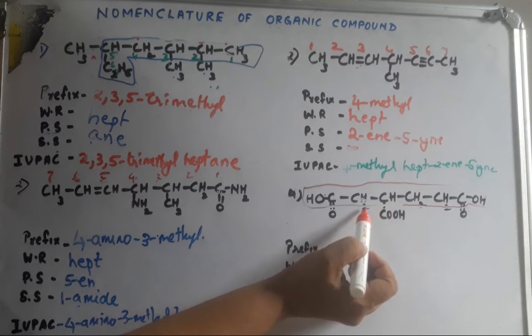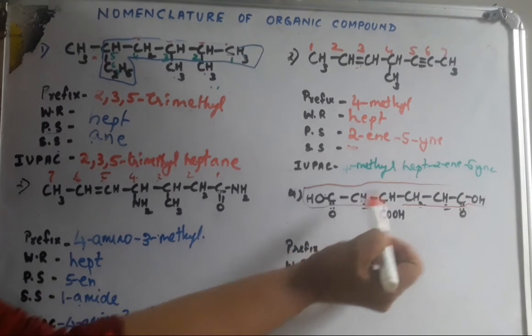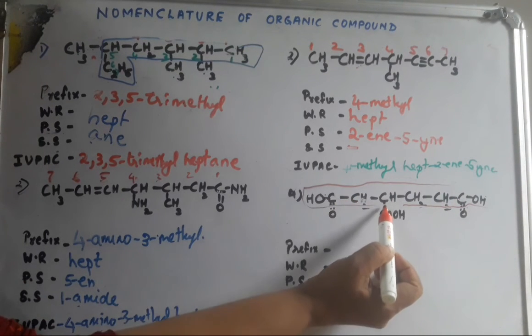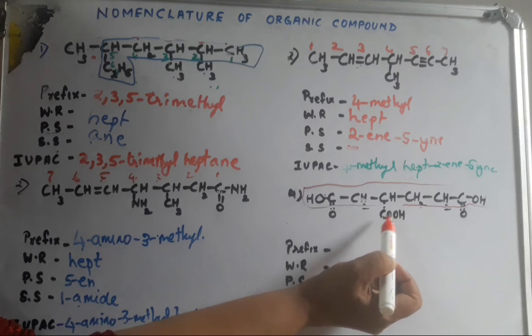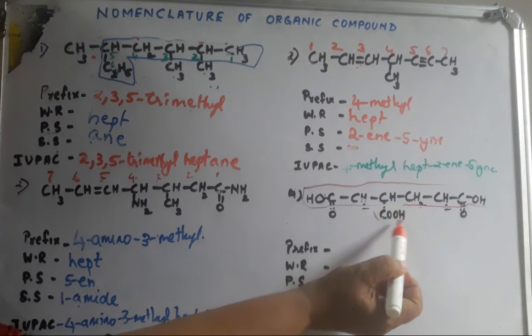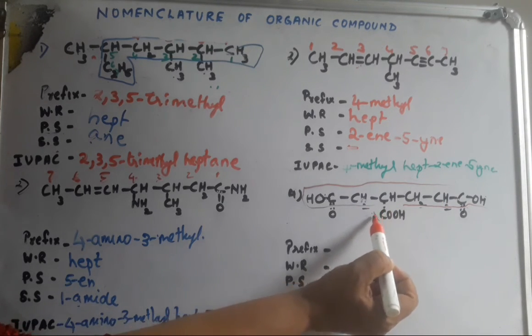It is not included in the main chain. We can't include this. So only these two are being included. So these two will get suffix name, whereas this will get prefix name. So you should remember carboxy should be given for this group. Okay, carboxy, COOH, when it is not coming in the main chain, the prefix name for that is carboxy.